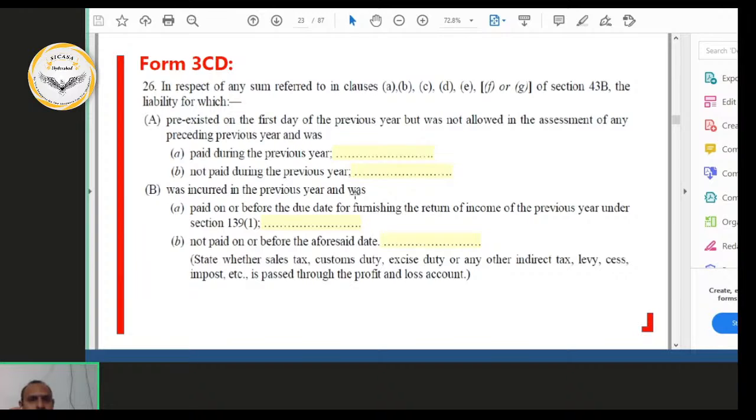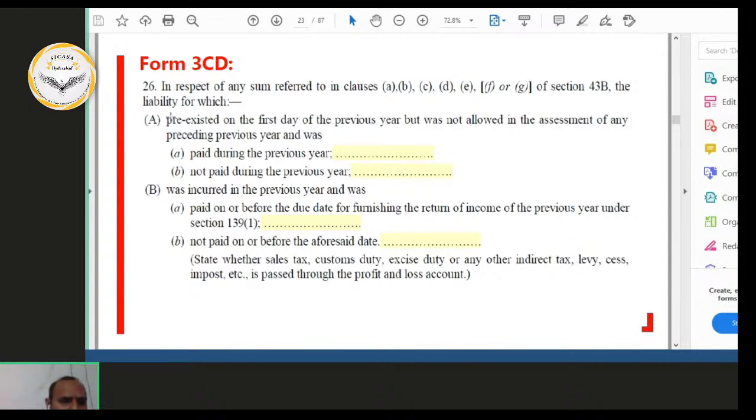What is it talking about? Clause 26 talks about 43B. Here again, some people are reporting only March month payments, some people are reporting the entire year. But just read this language; I will tell my view. In respect of any sum referred to in section 43B, the liability for which pre-existed on the first day of the previous year.